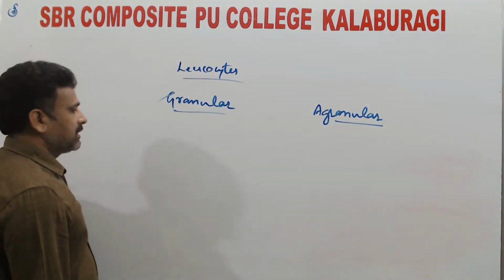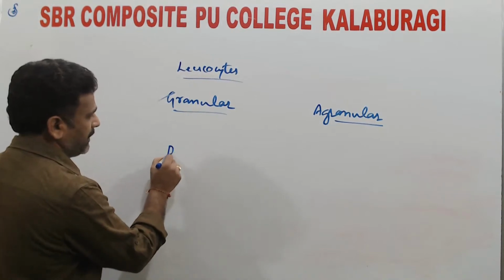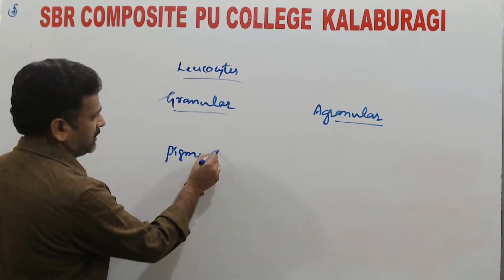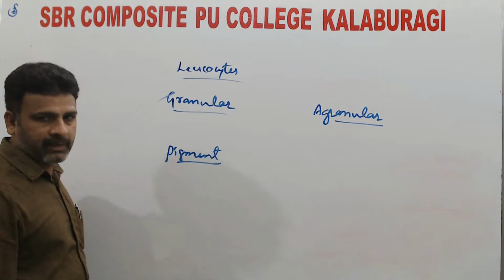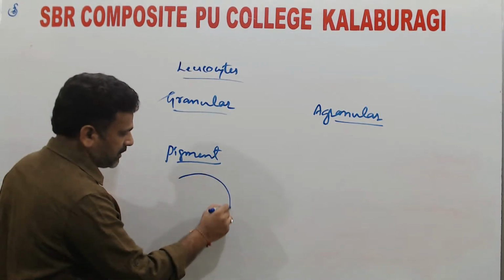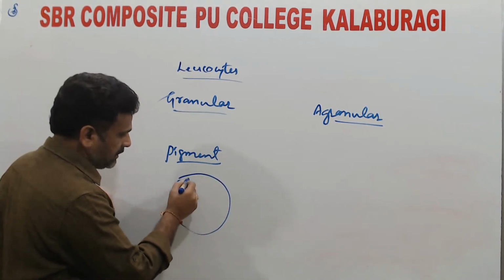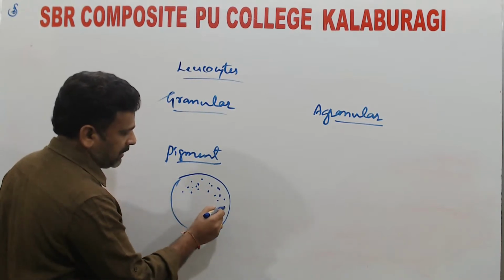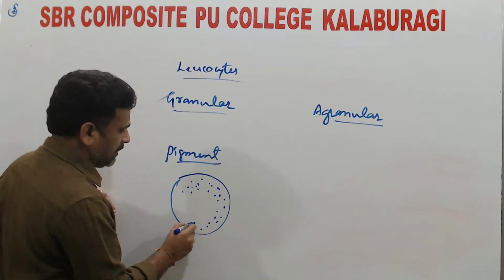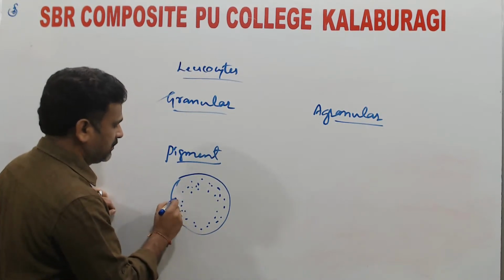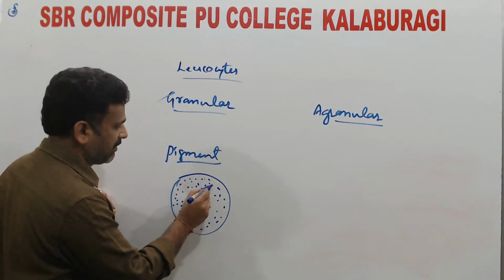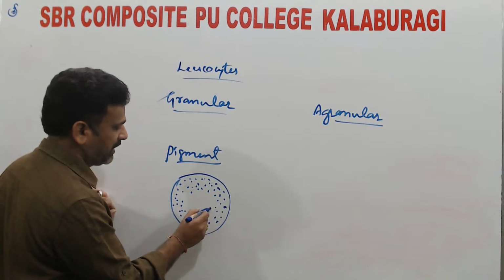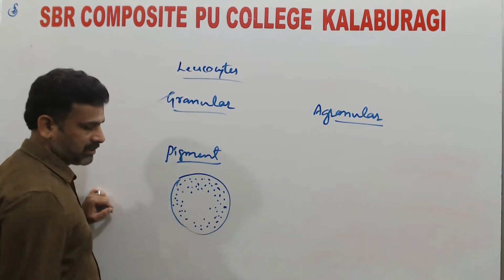Granular leukocytes are those where granular pigments are present within the cell cytoplasm. Within the cell cytoplasm, there is more deposition of the granular pigment, and the single nucleus present at the center of the cell gets modified into a lobed one.